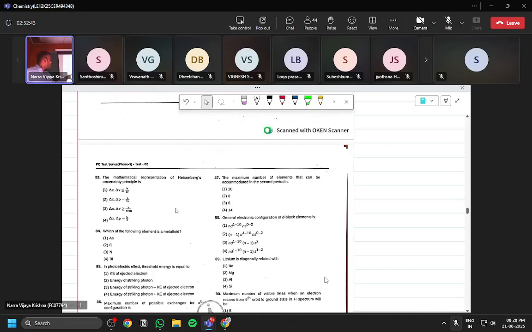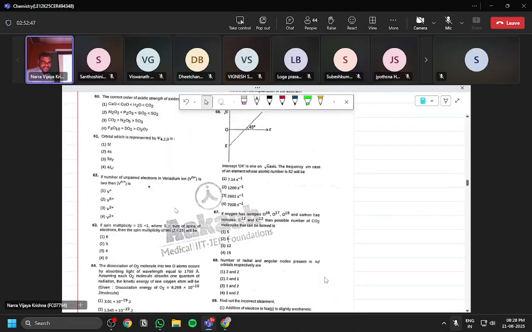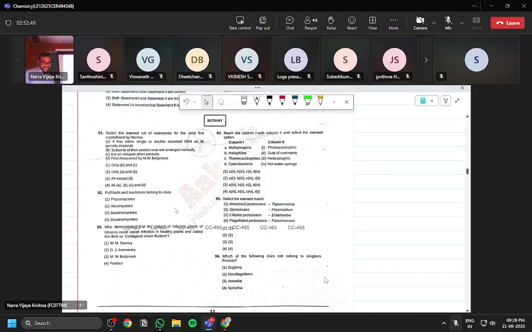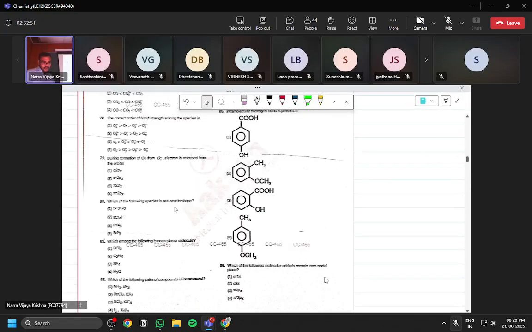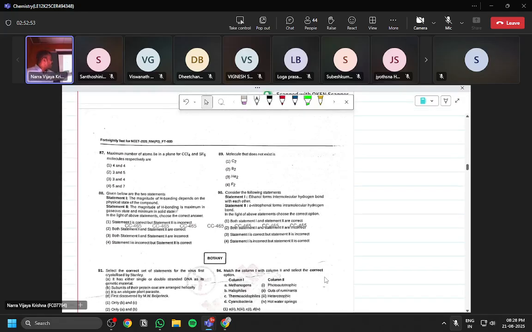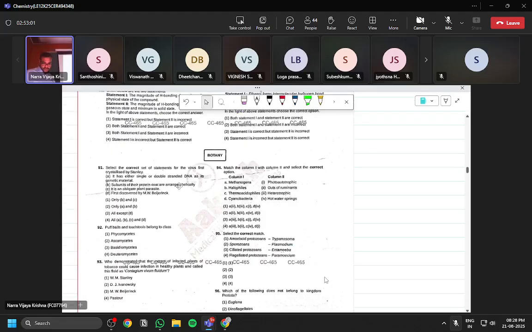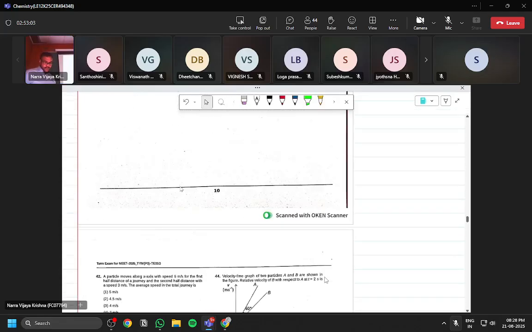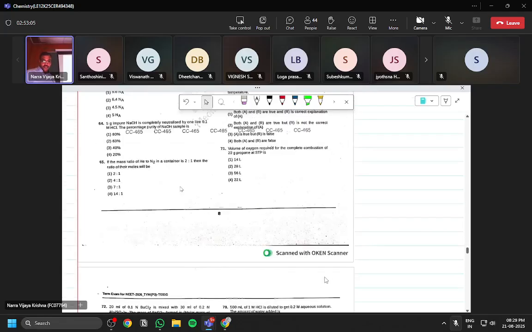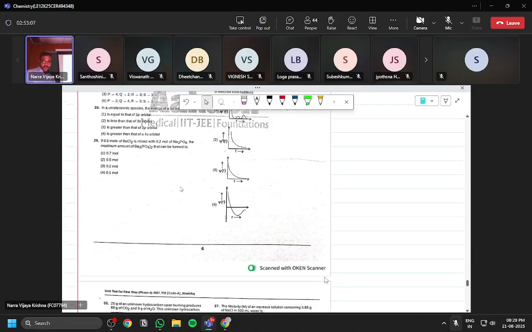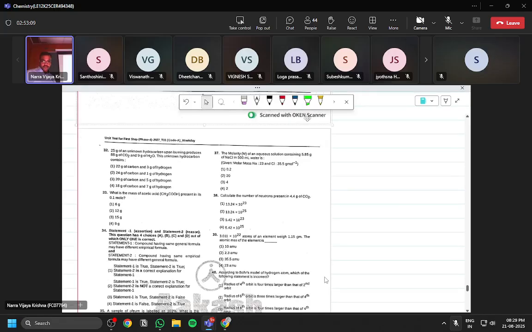This is PC test series, your paper. This is RM phase 2 FT paper. This is also RM phase 2 paper. All different papers, but all related to the first 4 chapters. So that's why I kept all these things at one place.